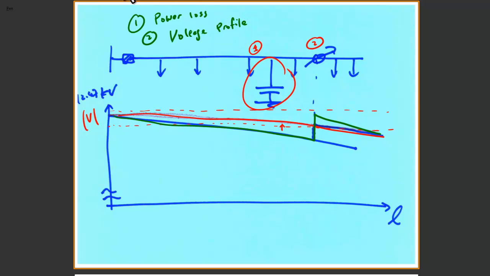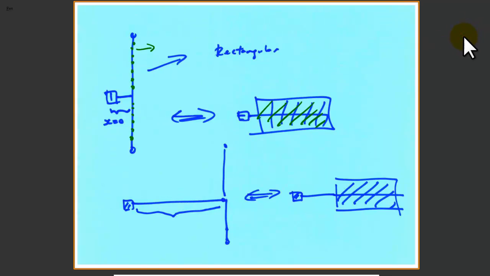In my next figure, we start with this feeder head at x equals 0. We originally put 2 dots here just because we had 2 loads. But as I said before, realistically we have to include multiple load points along this lateral.